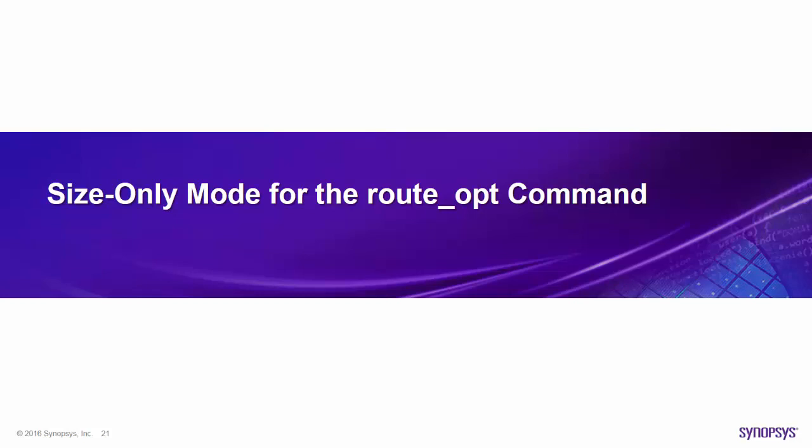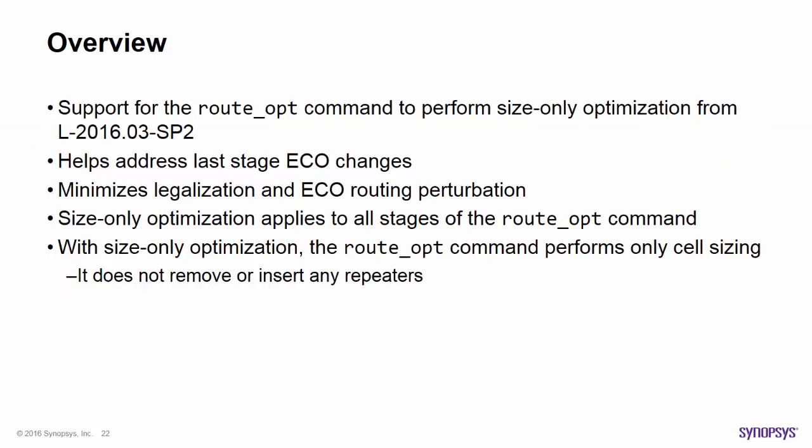The next feature is size only mode for the route_opt command. Overview: so far, there was no size only optimization in route_opt. The size only project in route_opt addresses the last stage ECO optimization.